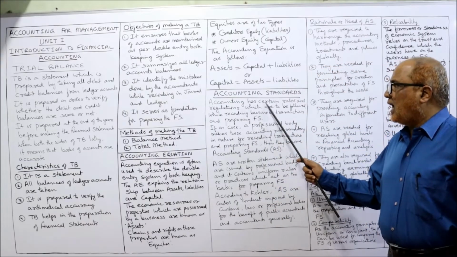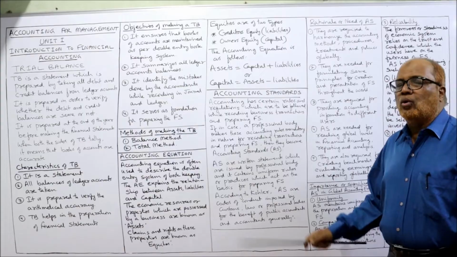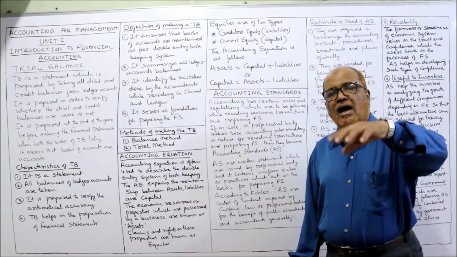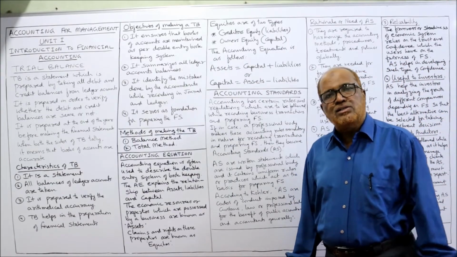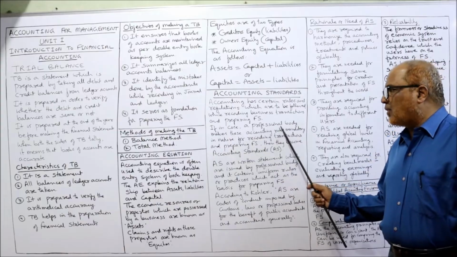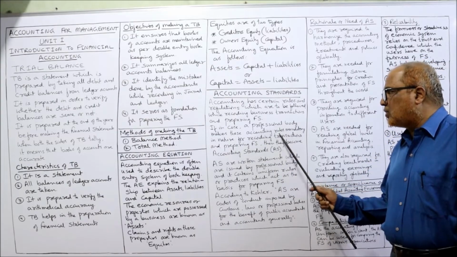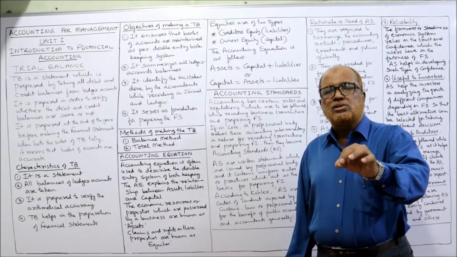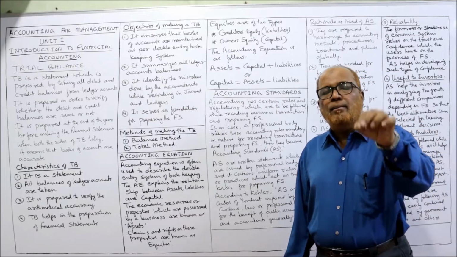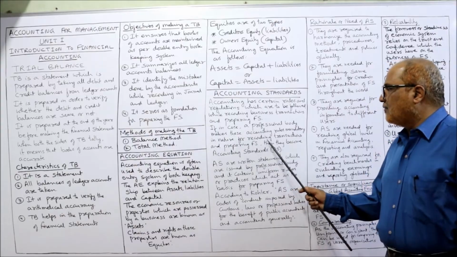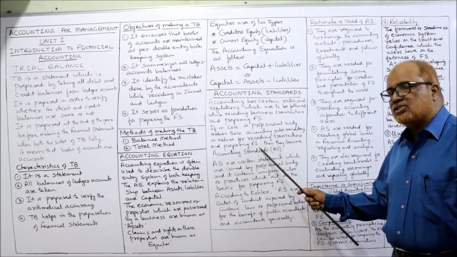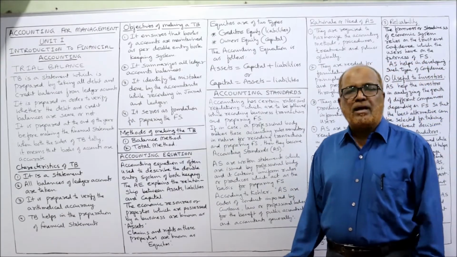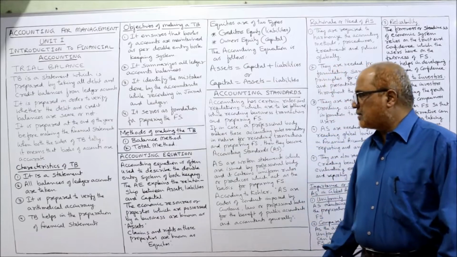So, accounting has certain rules and regulations which are to be followed for recording the transactions and also in preparing the financial statements. Now, in case a professional body makes these accounting rules mandatory for recording transactions and preparing the financial statements, then it will become an accounting standard.